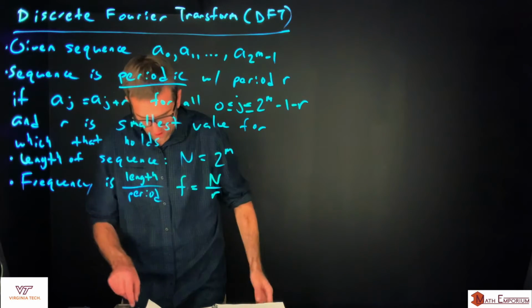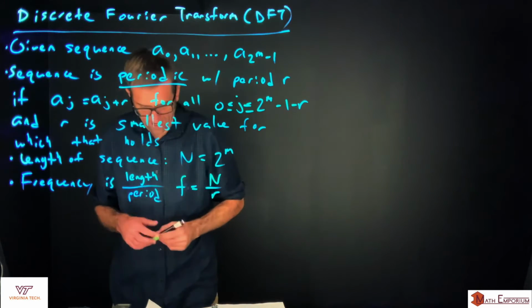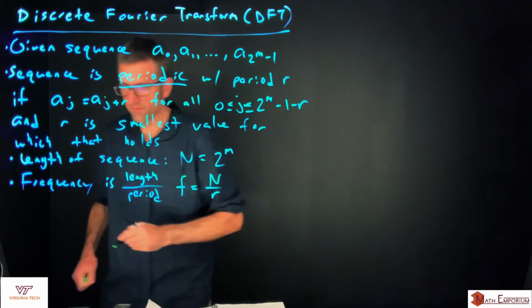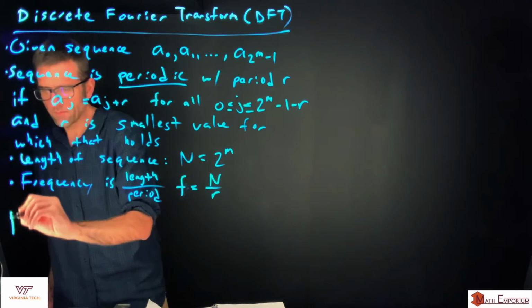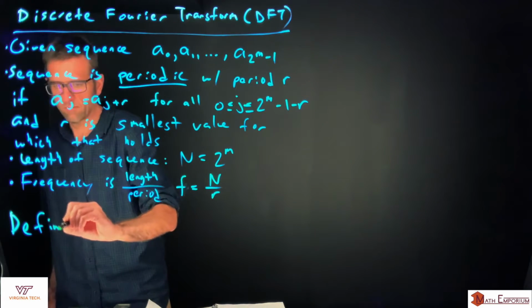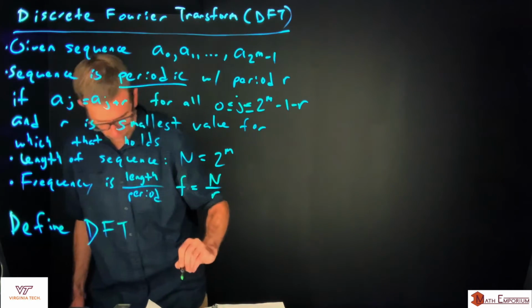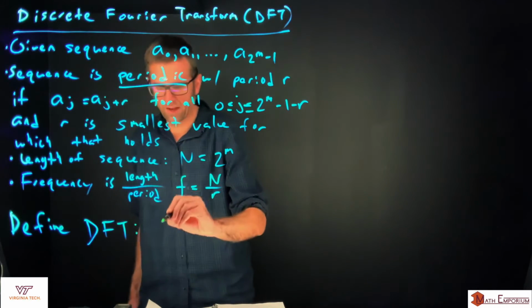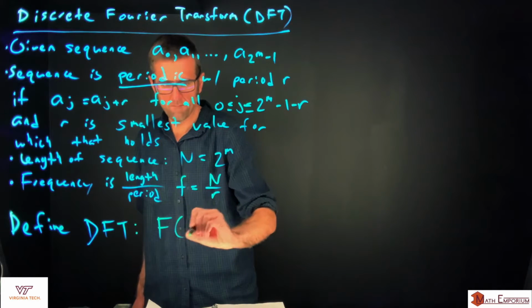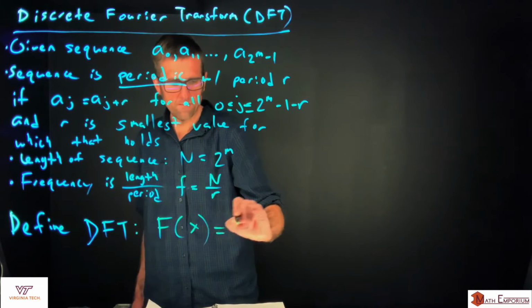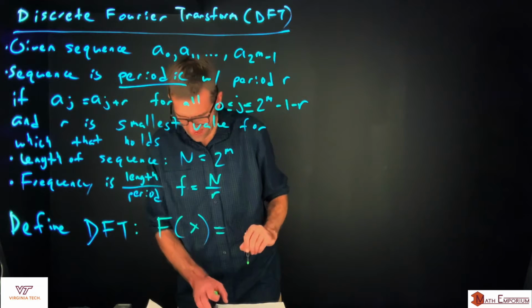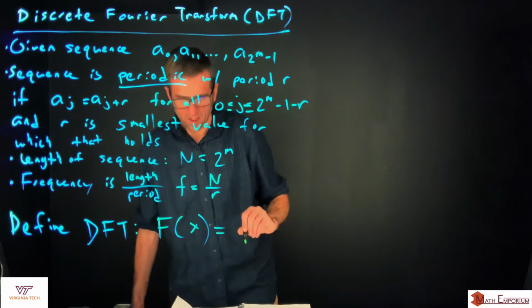All right, so we're going to define this discrete Fourier transform. Call it capital F of x.